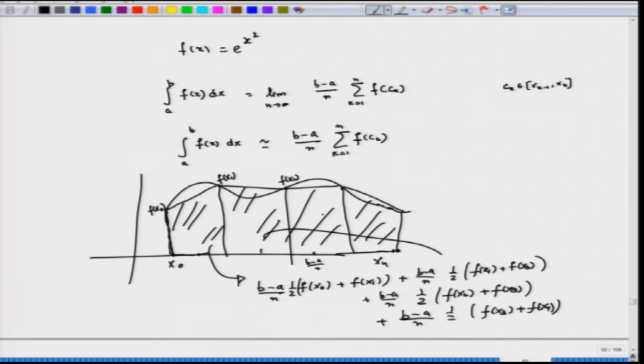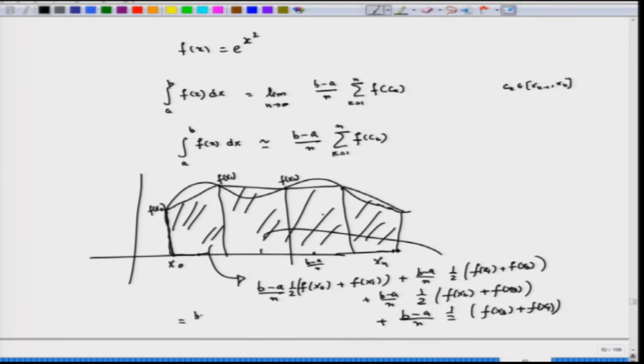If I make my partition such that the length x k minus x k minus 1 becomes small, then this also approaches the Riemann integral. Taking (b minus a) by n and 1 half common, this is equal to f of x naught plus 2 f of x 1 plus 2 f of x 2 plus 2 f of x 3 plus f of x 4 for this particular picture.